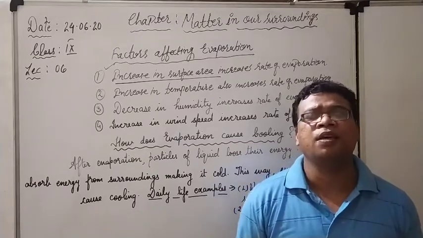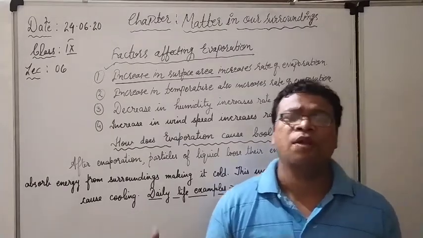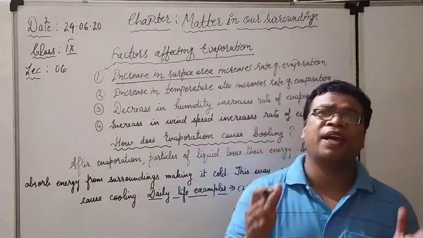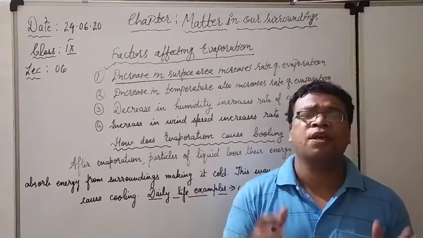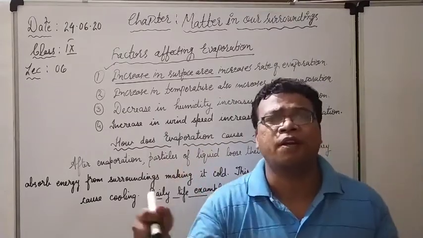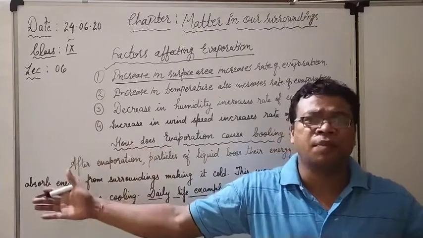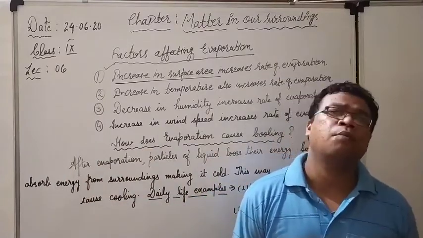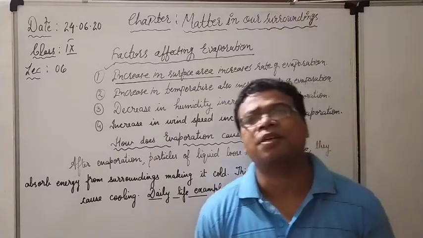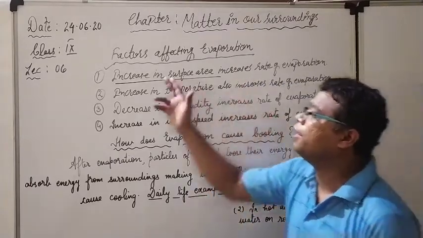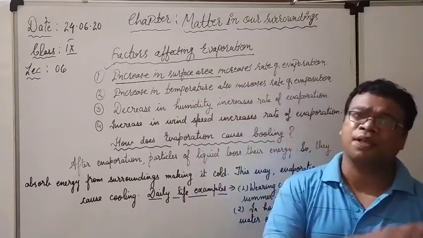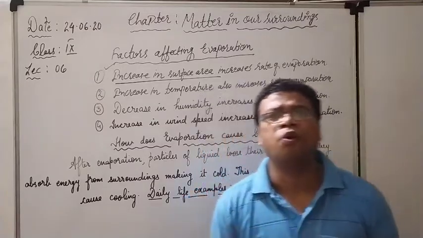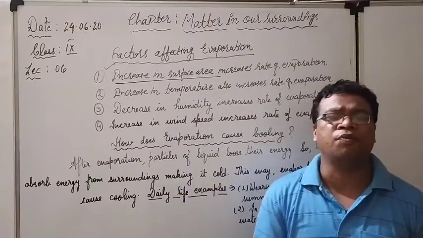The phenomenon is very easy. If the surface area is more, then the wet clothes will dry up fast. If the clothes are very big and you do not spread them properly, it will definitely take more time to dry. That is the reason behind the surface area. If the surface area is more, evaporation will be more. If the surface area is less, evaporation will be less.